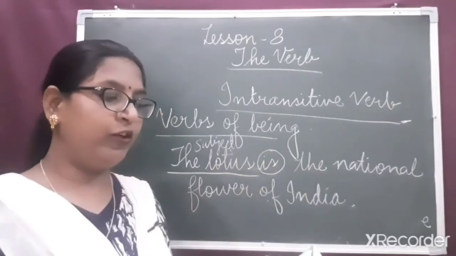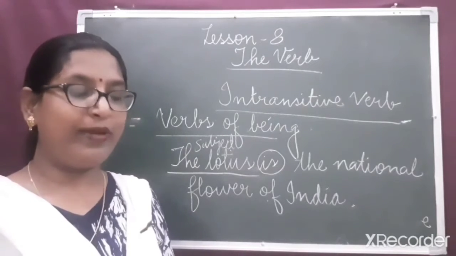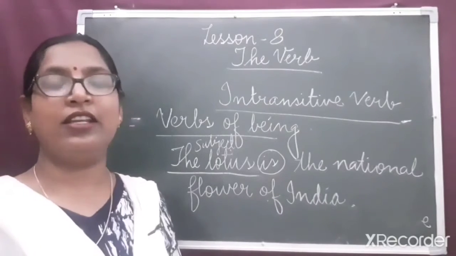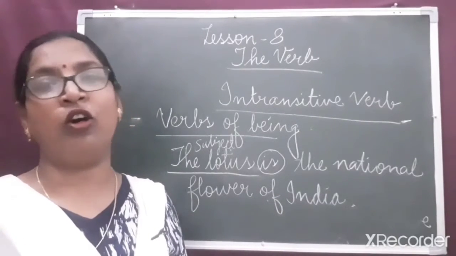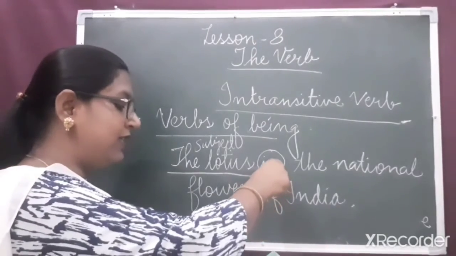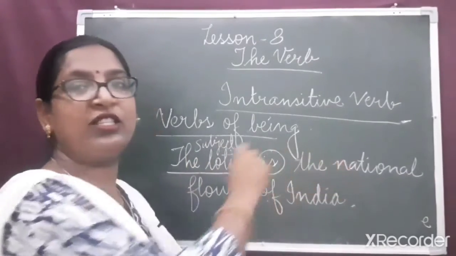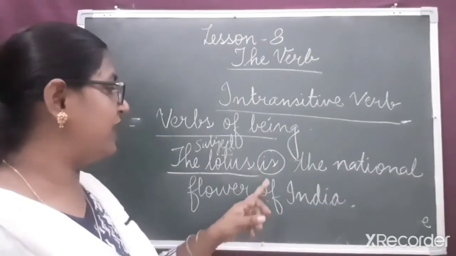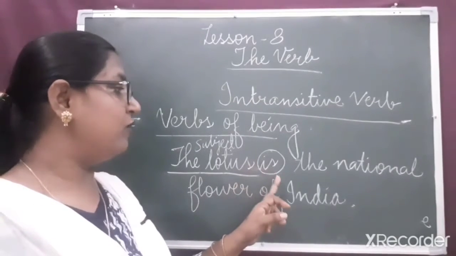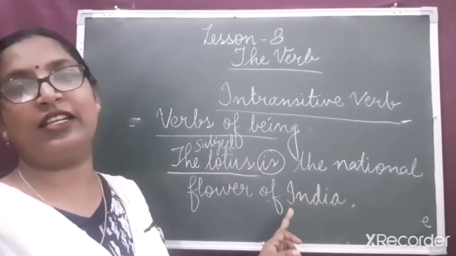Is the verb and it expresses the state of being. As it expresses the state of being, it is called a verb of being. Also, the verb is links the subject and the rest of the sentence. Here we can see the lotus is the subject and the verb is linking the subject and the other sentence.